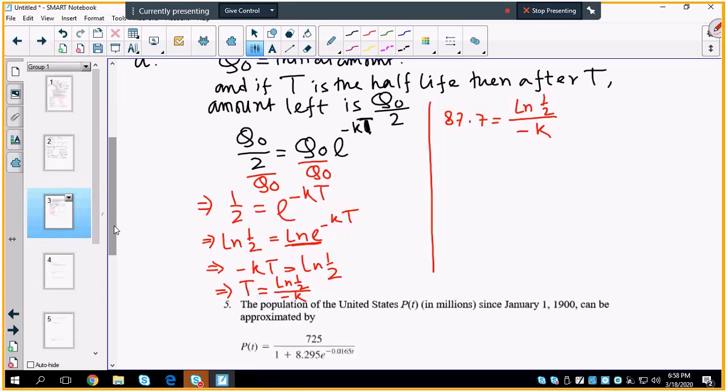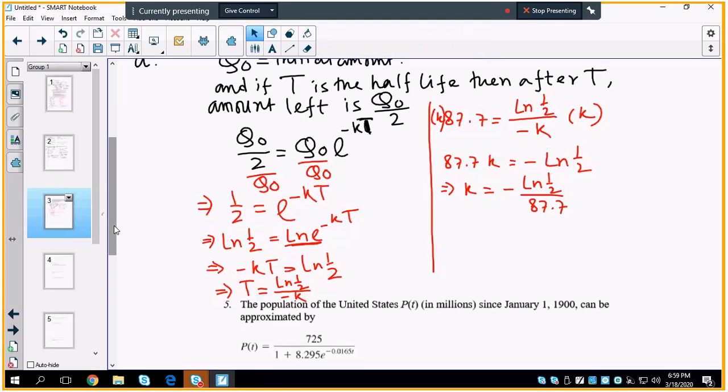How does that help me solve for k? Well, why don't we multiply k on both sides? That will help us get rid of this denominator. So I get 87.7k equal to negative natural log of 1/2, which means k is equal to negative natural log of 1/2 over 87.7. That could be evaluated in the calculator, and then we will round it to 4 decimal places.